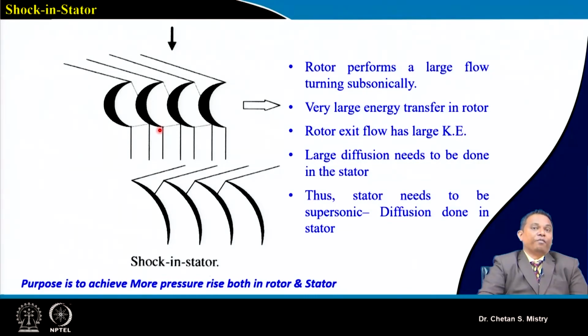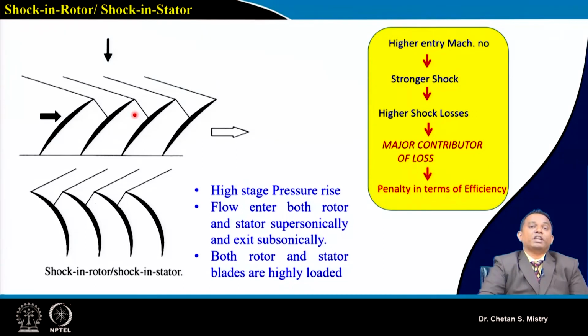We can say the flow will come out with a larger absolute velocity, and that will lead to the flow at the entry of the stator being supersonic. Now here the whole diffusion is expected to be done by the stator. In order to achieve a higher pressure rise for both rotor and stator, this kind of configuration is being used. Now let's see, this represents shock in rotor and shock in stator configuration.